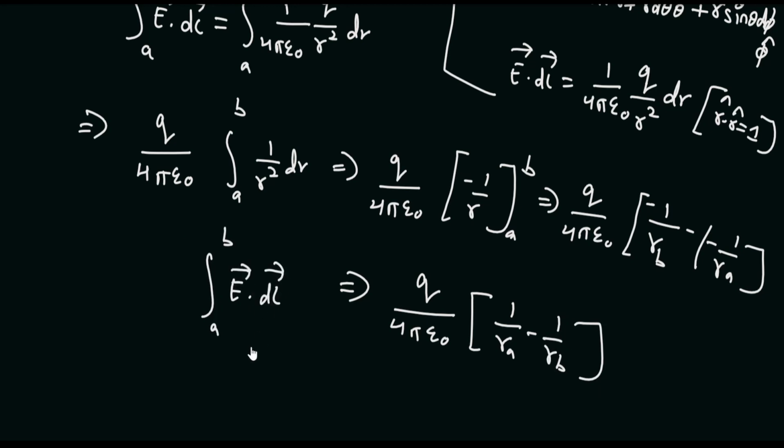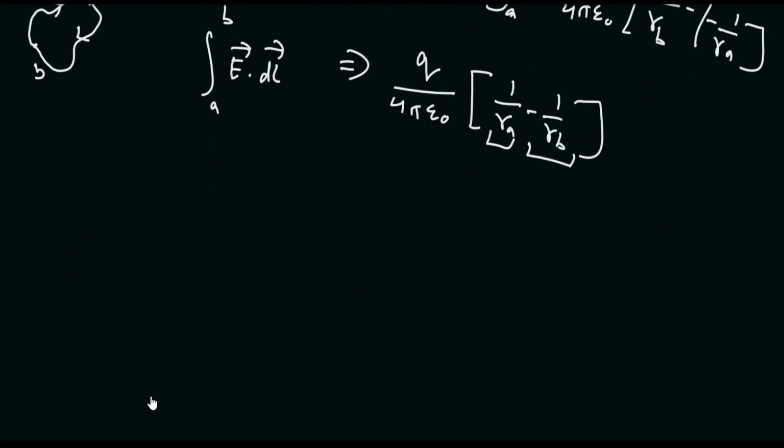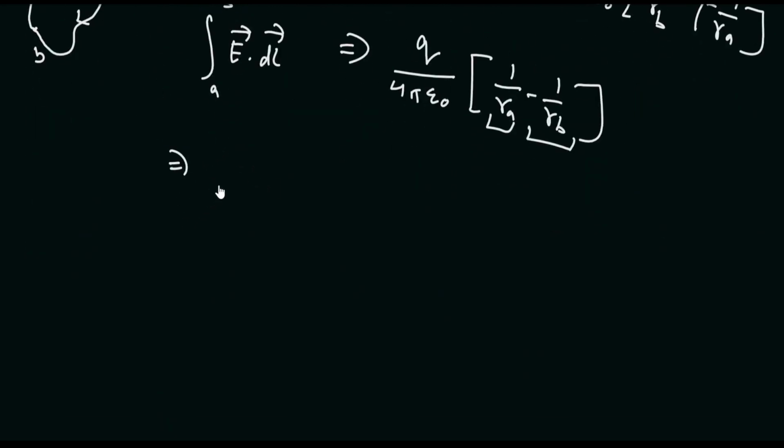And this is the line integral of the electric field from point A to point B. We see that this line integral depends only on the endpoints. Therefore, if we take a closed loop, that is, if we have point A here and point B here, and we go from point A to point B and B to A, that is, we have now completed one loop, then we go from A and come back to A, E dot dl.